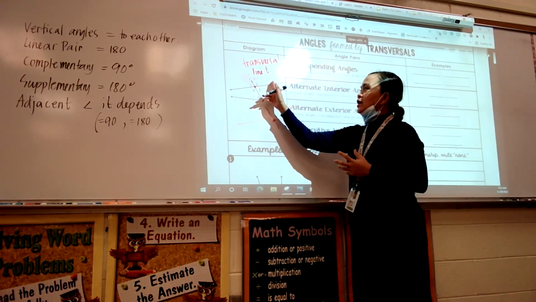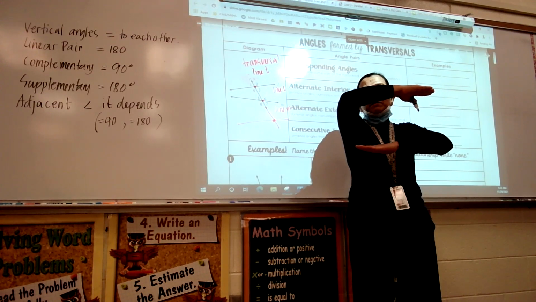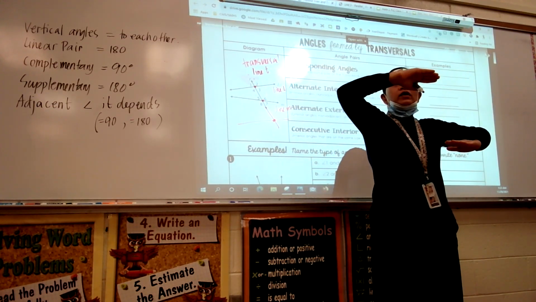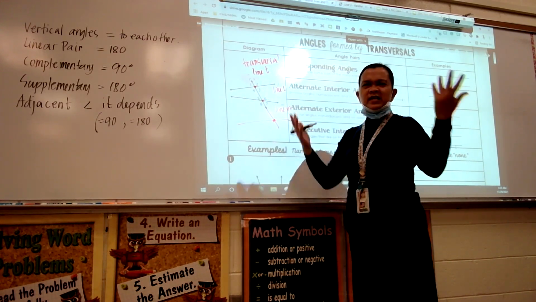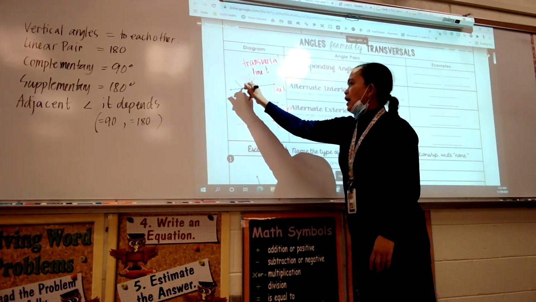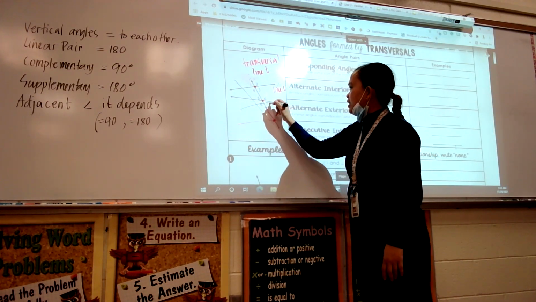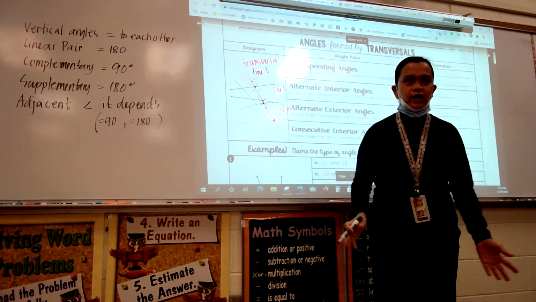But at this point, it doesn't matter if your two lines are not parallel to each other. You know what parallel is, right? They do not meet. They are equally distant from each other and bisected by the transversal. At this point, it doesn't matter if I cross this out or put another line here. It doesn't matter, as long as it bisects different lines, it's okay.